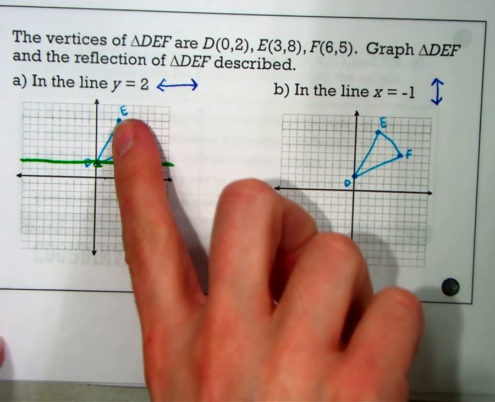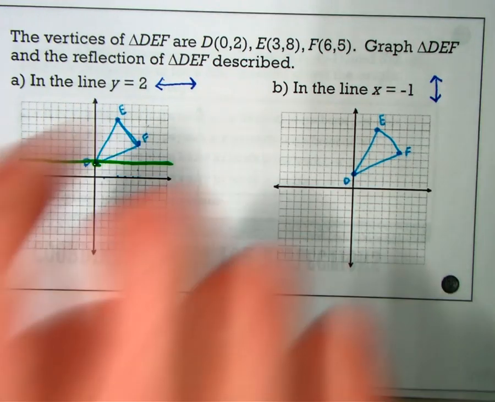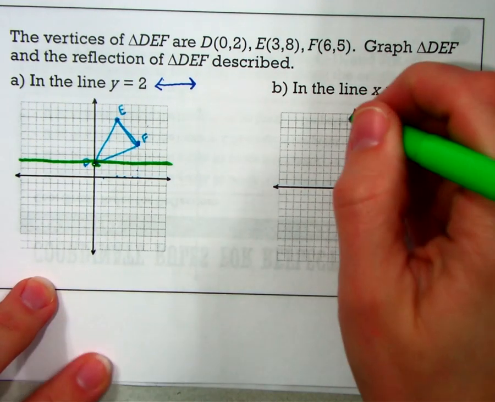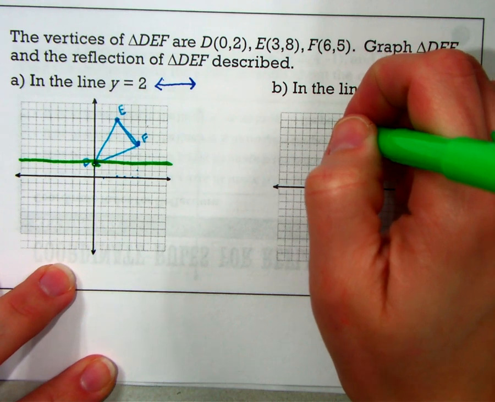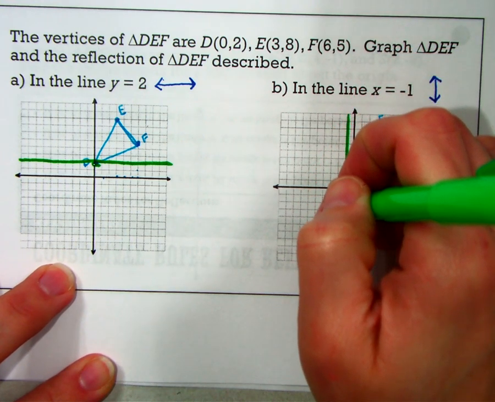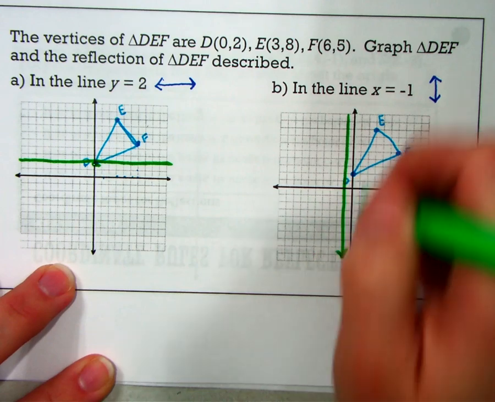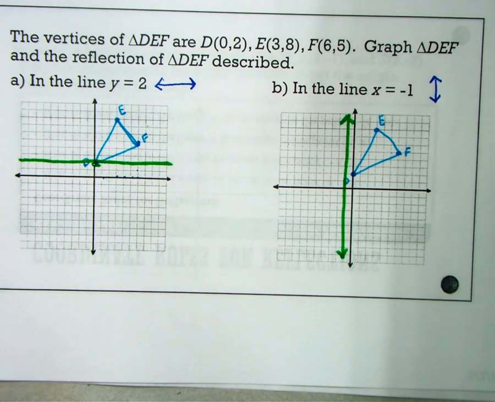Okay, so we are flipping this triangle over this green line, and then when we go to this one, this x equals -1, we will flip our triangle over a vertical line here at -1. Okay, so we're basically just taking a measurement from one side and then making that same measurement on the other side.